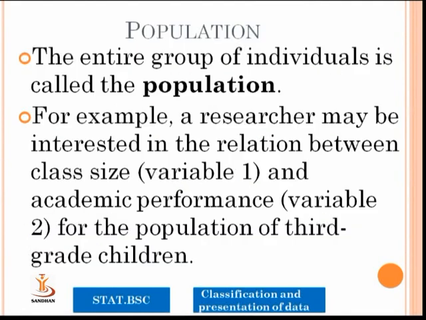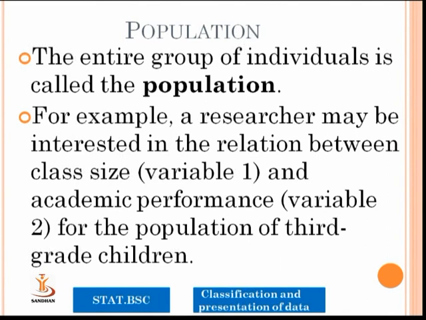The entire group of individuals is called the population. For example, a researcher may be interested in the relationship between class size, that is variable 1, and the academic performance, that is variable 2.